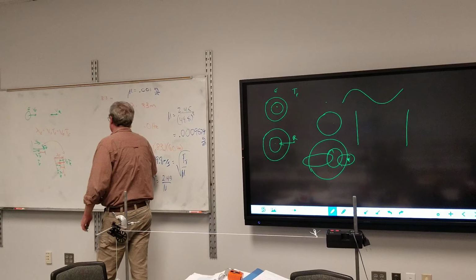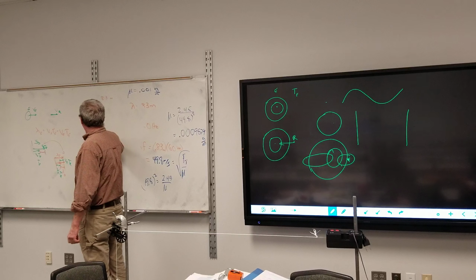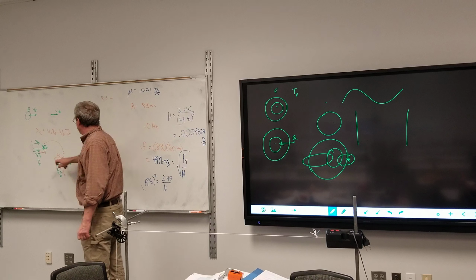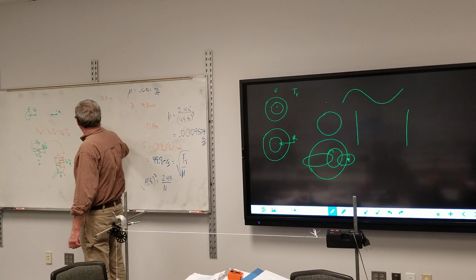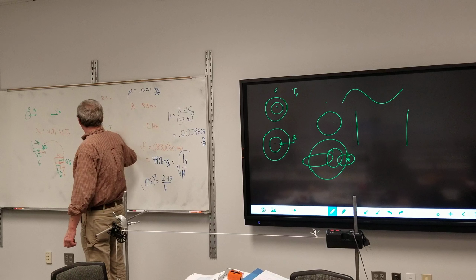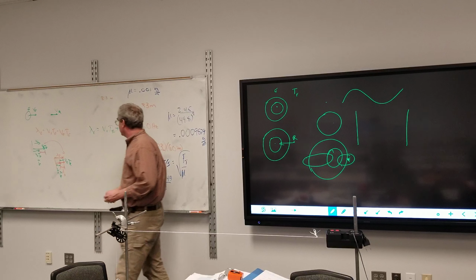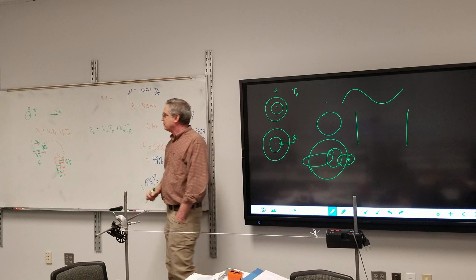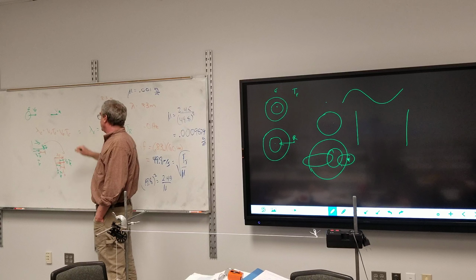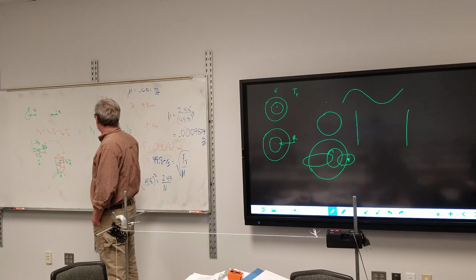So what we get is that the wavelength from the emitter's point of view is going to be equal to v_s t_r plus v_r t_r. Well, those are equal to each other.